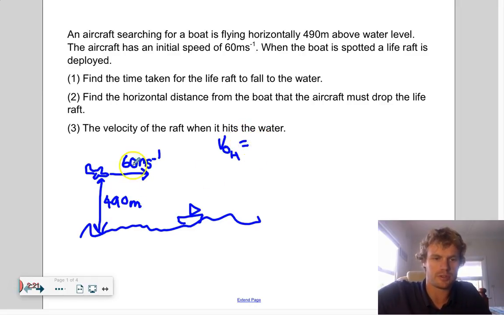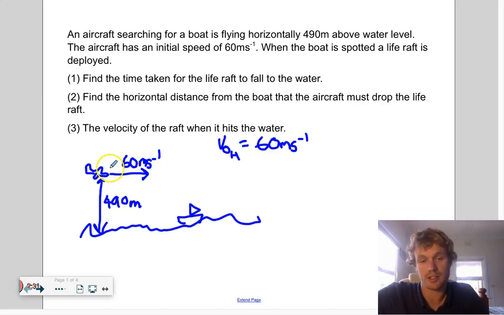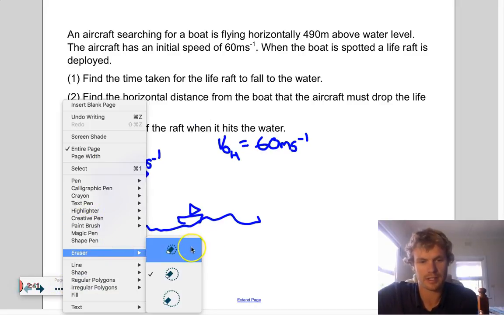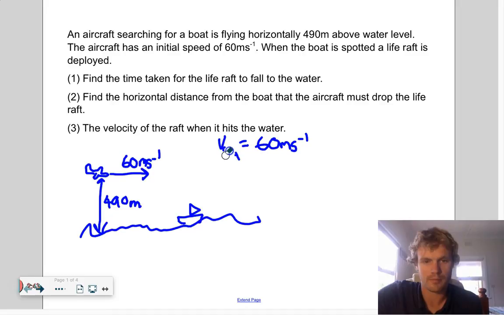That's equal to 60 meters per second. Because we neglect the air resistance, the horizontal velocity is going to stay the same across the whole thing. So V initial and V final of the horizontal velocity doesn't really matter because it's going to be the same. So ultimately, I can just say that this is just VH.